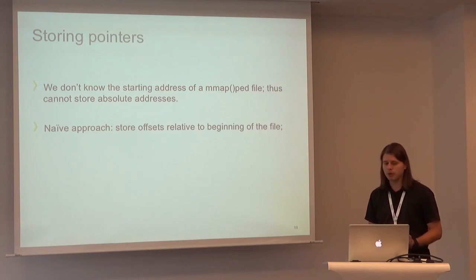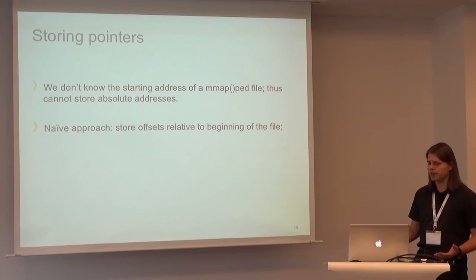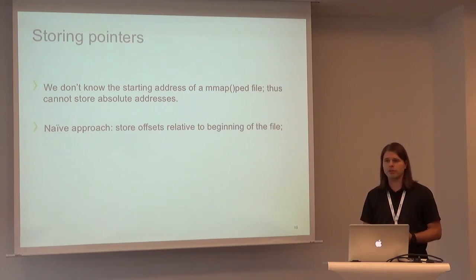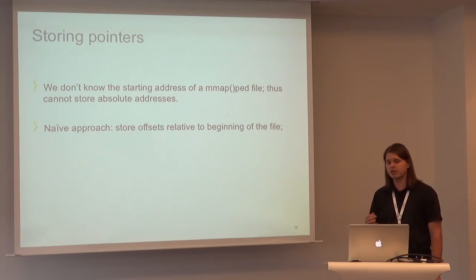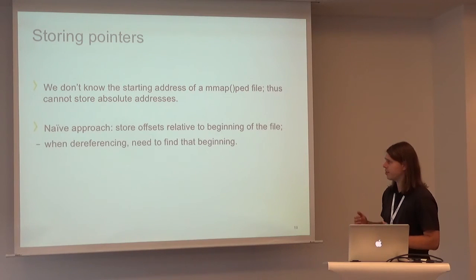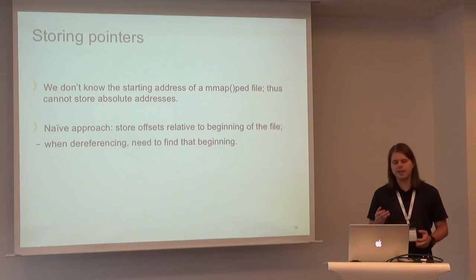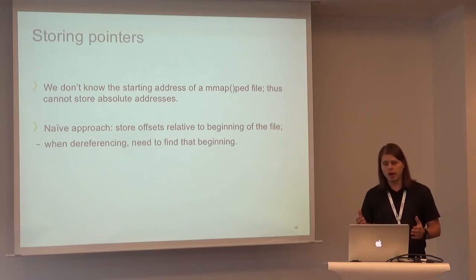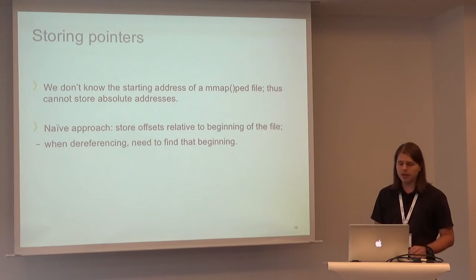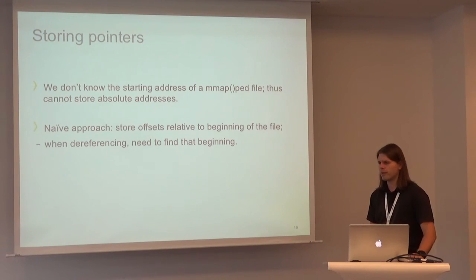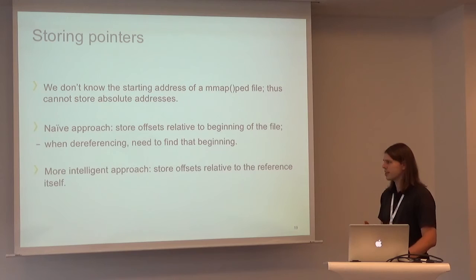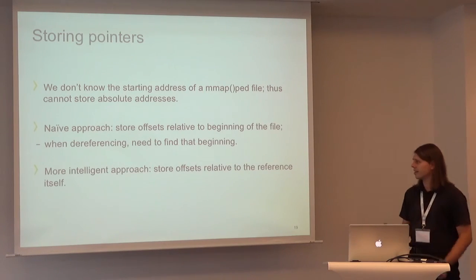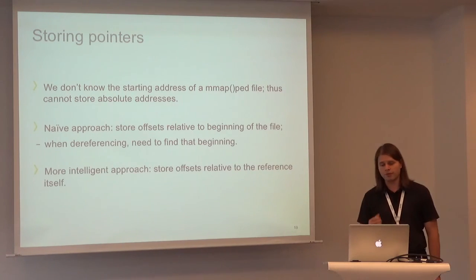The most naive approach, the first that ever comes to mind, is perhaps to store offsets relative to the beginning of the file. But it has a major downside. When we do the referencing, we need to track this beginning and propagate it to every link being dereferenced. And this is kind of error prone. It doesn't play nicely with the familiar C++ interfaces we're trying to reconstruct. The trickier approach is to store offsets relative to the position of the offset itself.